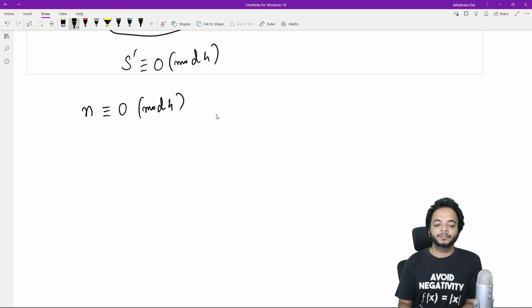For that reason, n is congruent to 0 modulo 4.